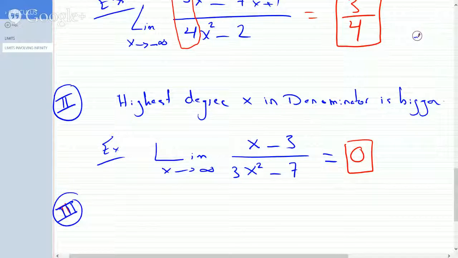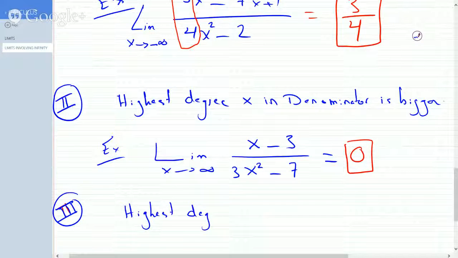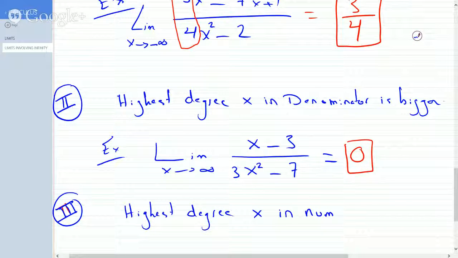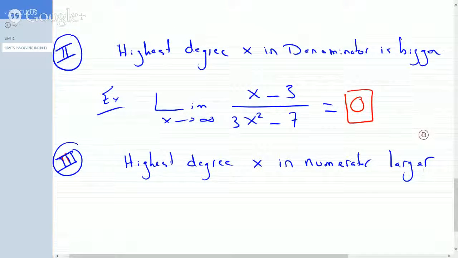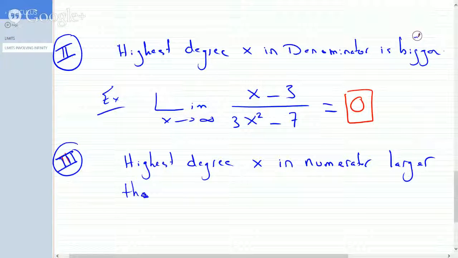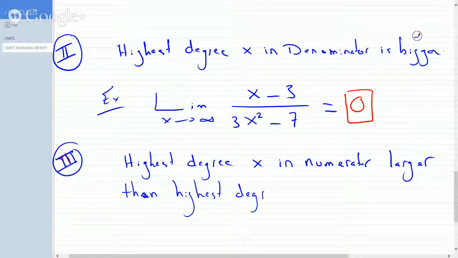Highest degree x in the numerator is larger than the highest degree x in the denominator.